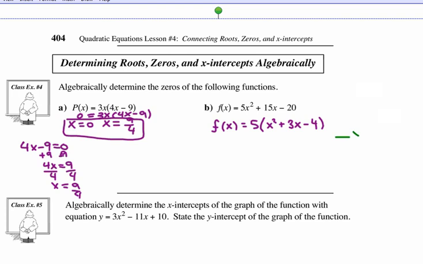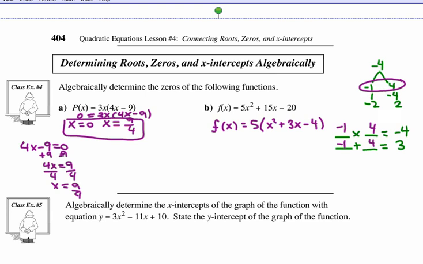Okay, multiplies to -4, adds to 3. Okay, how can we multiply to -4? -1 and 4, or 1 and -4, or -2 and 2. So which one is it? -1 and 4.